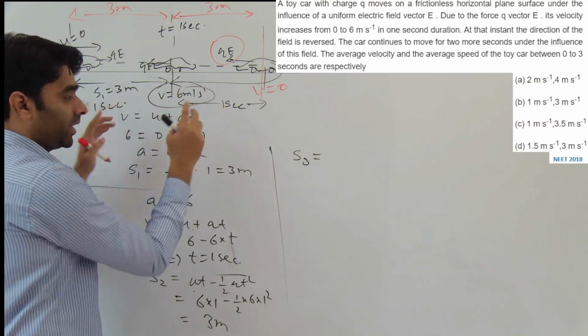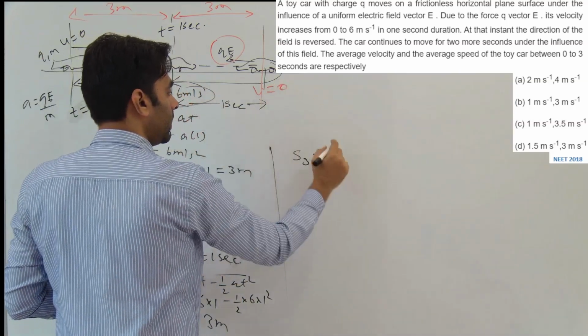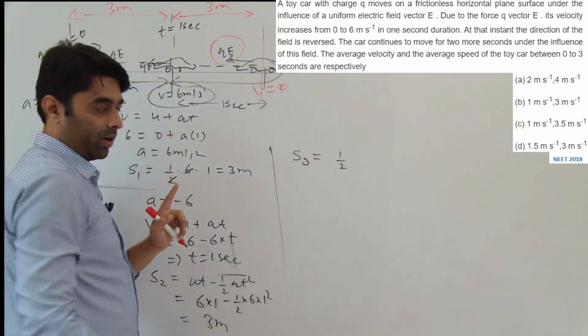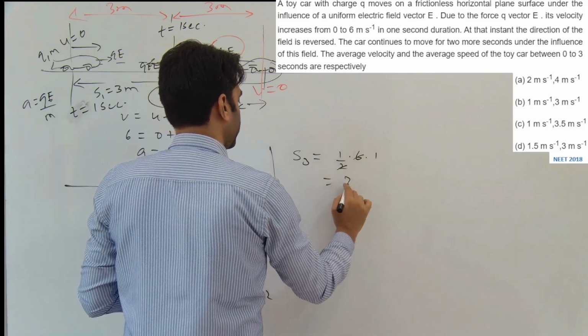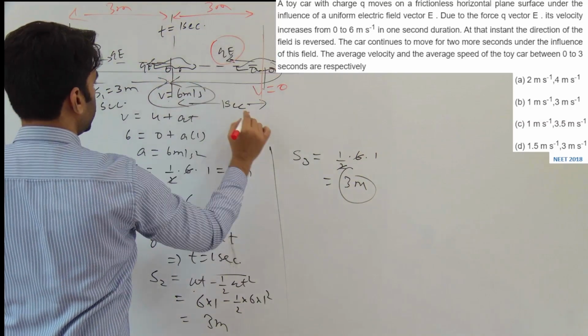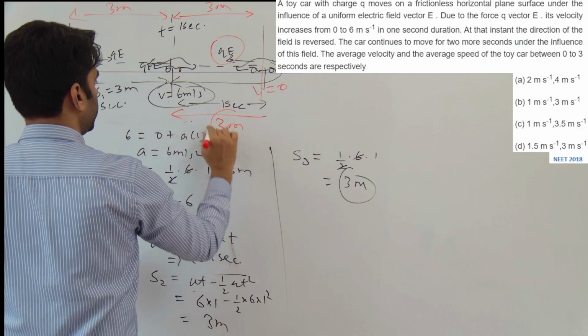So 1 second, 2 seconds gone, left over is 1 second. So S3 is equal to u, which is 0 over here, ut plus half a. Still a is how much? 6 only. 6 into t square, which is 1. So we are left with 3 meter. Well and good. That implies this 3 and then the return journey will be again your 3 meter only.